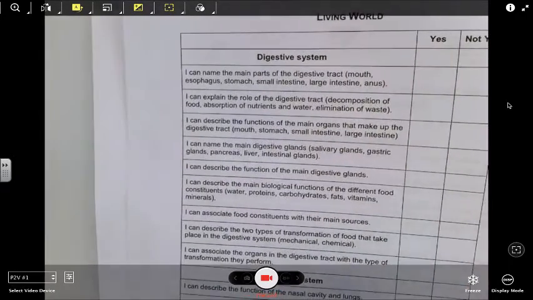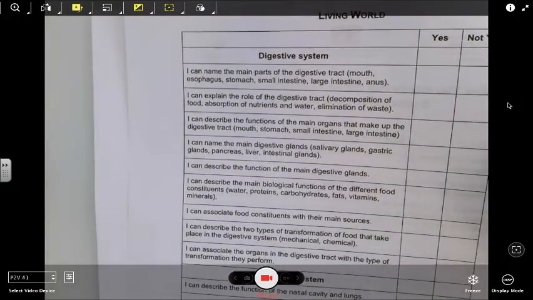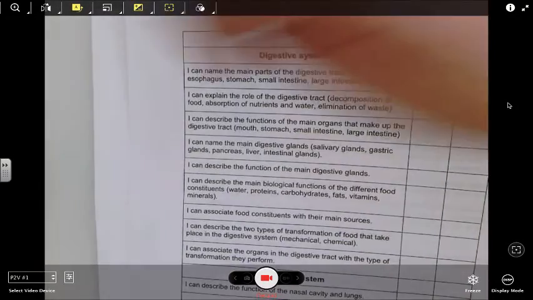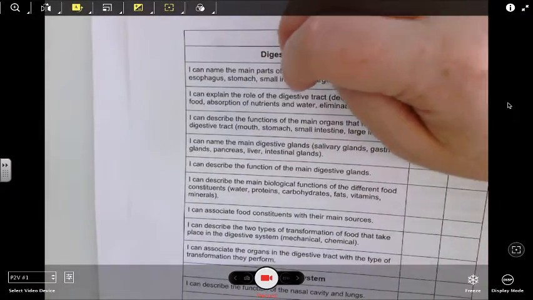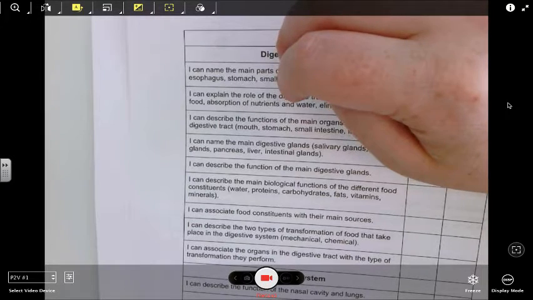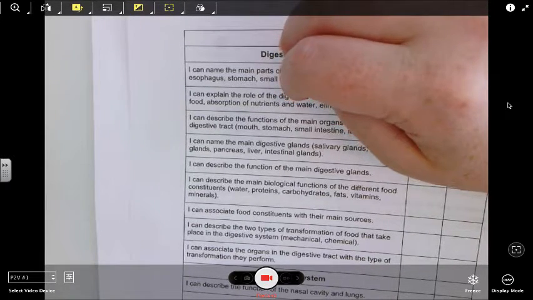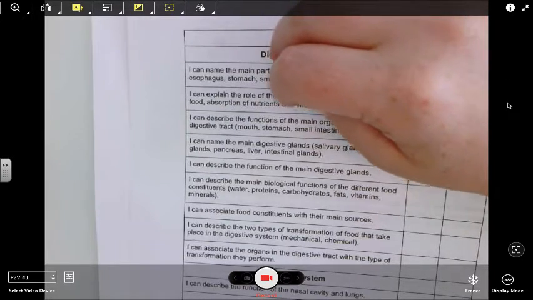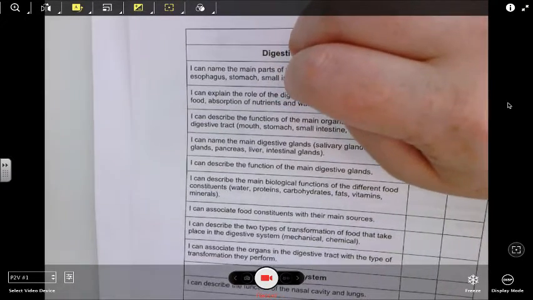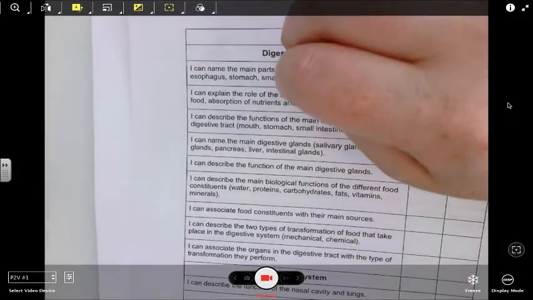I could do that over the weekend. I'm just going to scroll up to what people were saying in the questions. Very early on, I had a question from Brooke to go over the reproductive part of the checklist.